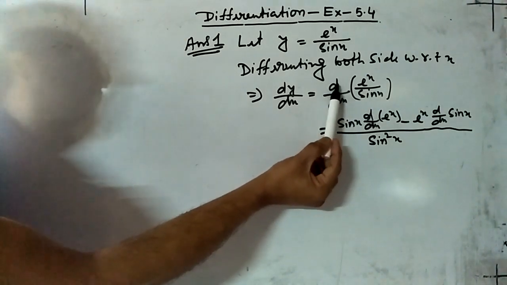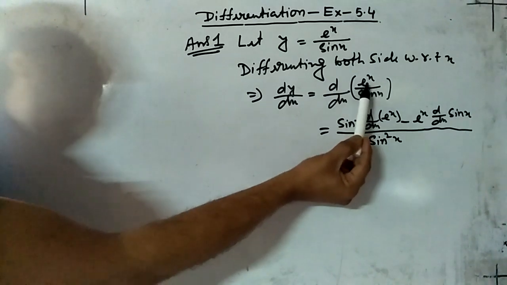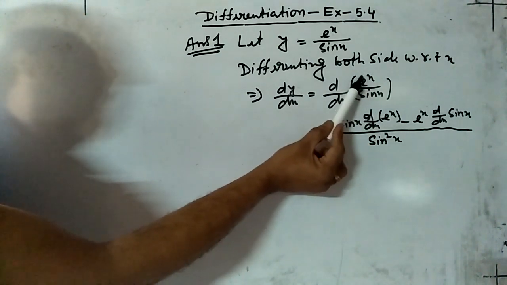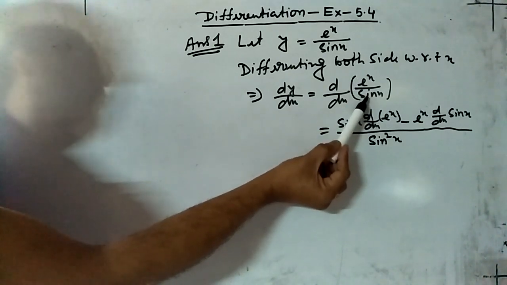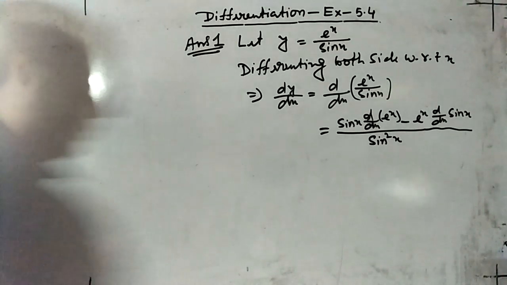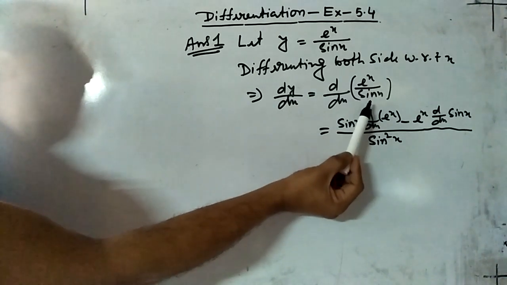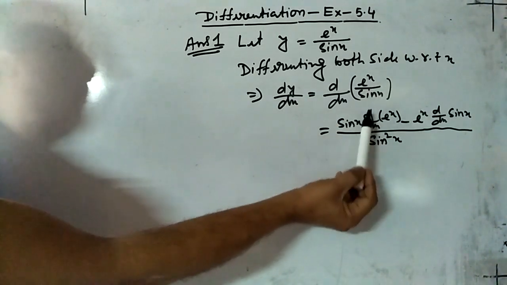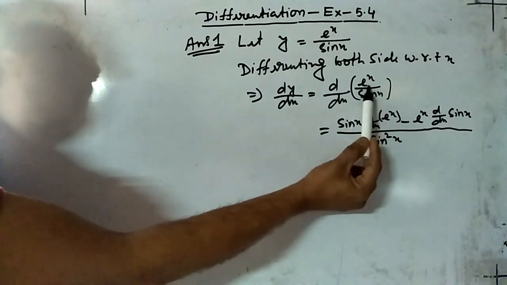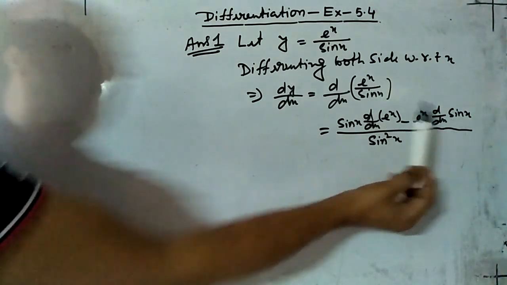Once again, d by dx is the symbol of derivative, derivative of e to the power x upon sin x. It is the form of u by v. We have learned three rules: product rule, quotient rule and chain rule. So here we have to use quotient rule. According to quotient rule, v square in denominator, v unchanged, derivative of u, minus u unchanged, derivative of v.